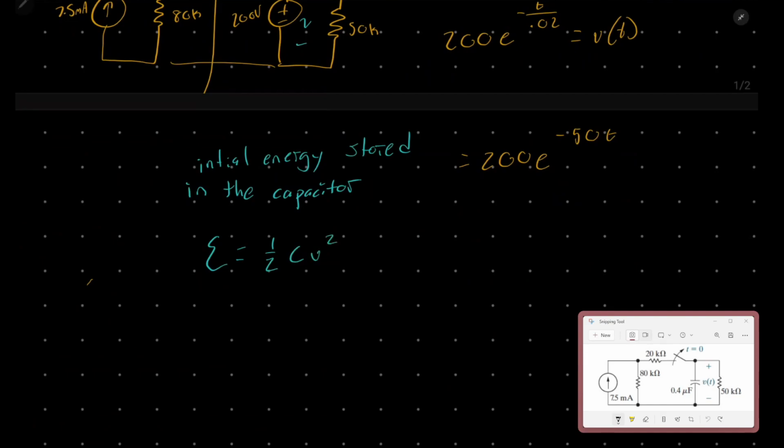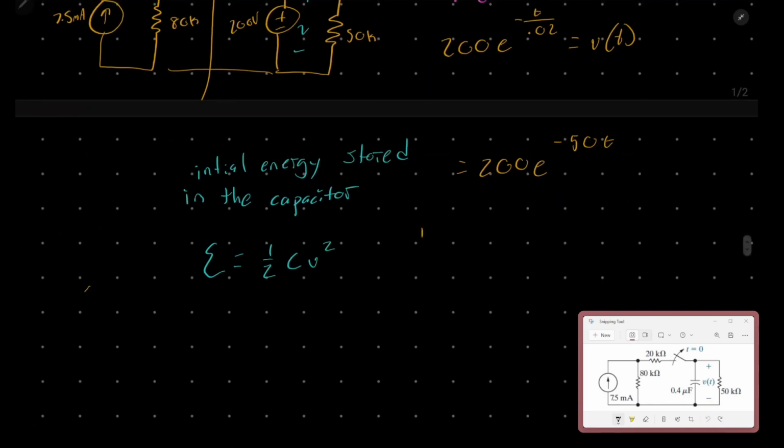So this is quite simple. All we do is plug and chug: 1/2 times 0.4 times 10 to the negative 6 times 200 squared. And if we do that in our calculator, we get 0.008 joules, or 8 millijoules.